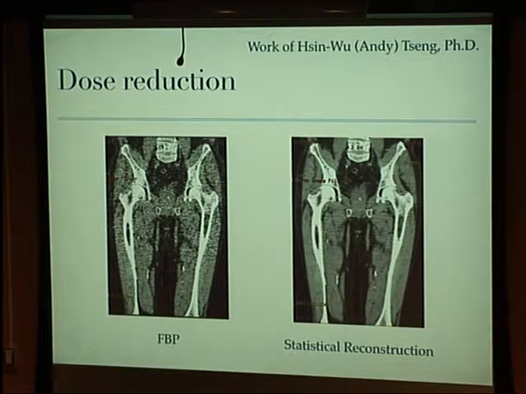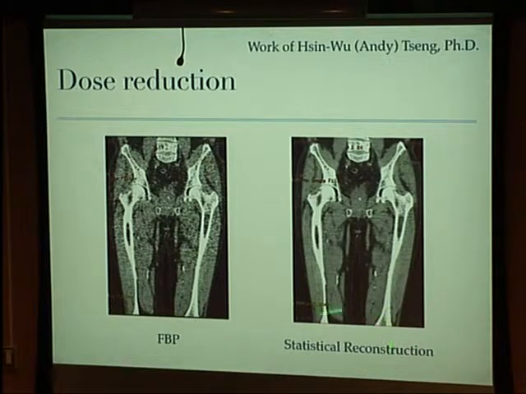Let me just show you a couple images, what things actually look like. These are two reconstructions from the same data sets, one using the conventional filtered back projection, one using a statistical reconstruction method. This looks quite a bit better, and as I'll show you, it is quite a bit better, but it should be somewhat obvious.